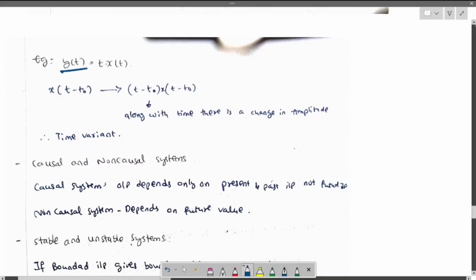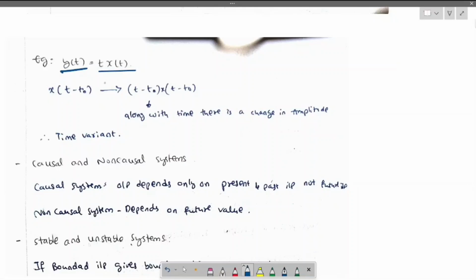Example number 2, y of t equals t into x of t. Now let us apply the shifting property: x of t minus t naught gives t minus t naught times x of t minus t naught. See here, it is not only shifting in time, it is also shifting in amplitude.